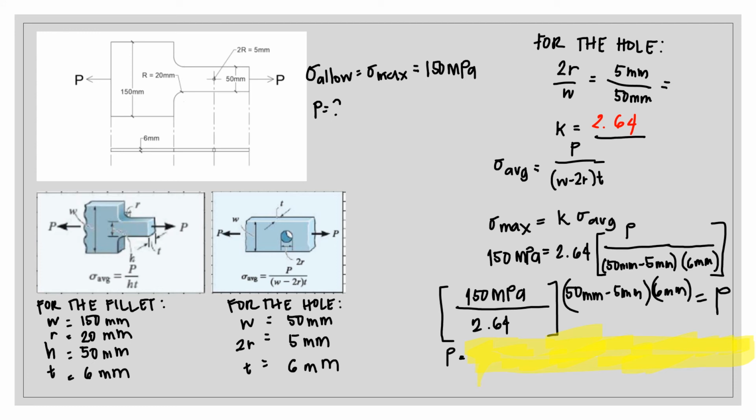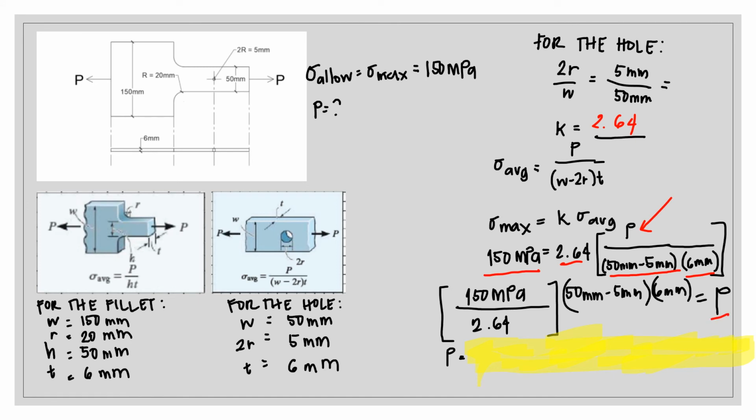Since we already have the value of K, which is 2.64, we can now solve for the value of force P. Substituting all the given values: allowable stress, value of K, the width minus 2R, and the thickness, leaving force P on the left side.